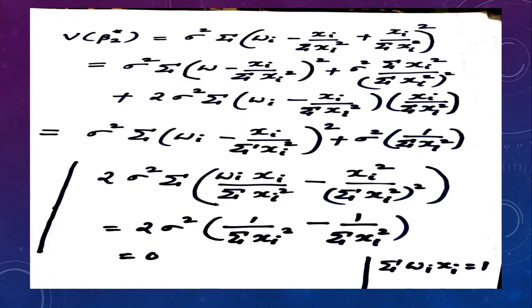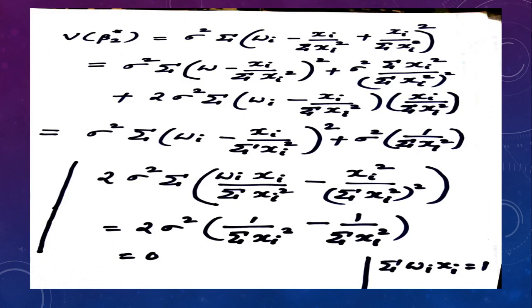Then we can write variance of beta 2 star is equal to sigma square into sigma of wi minus xi divided by sigma xi square plus xi divided by sigma xi square, the whole square. So we are adding and subtracting xi divided by sigma xi square to wi.